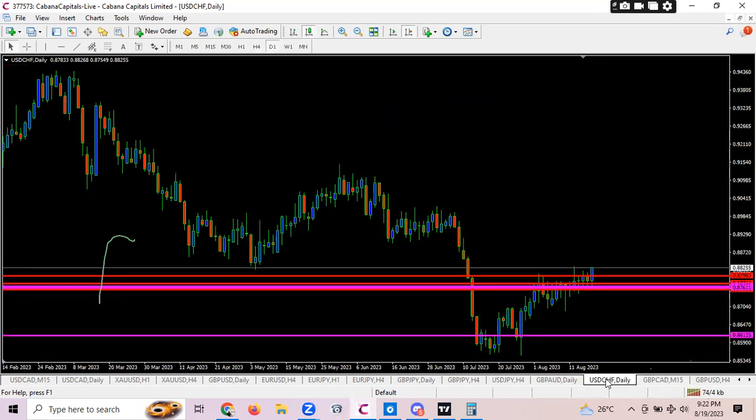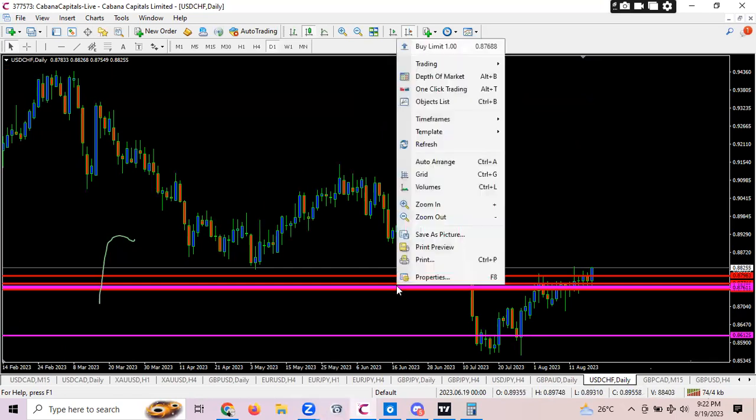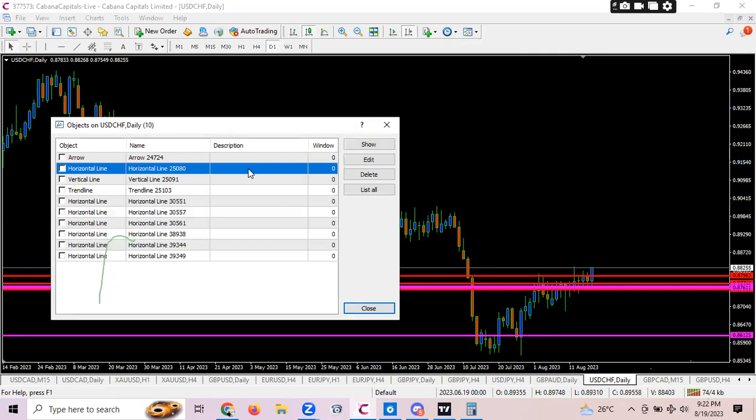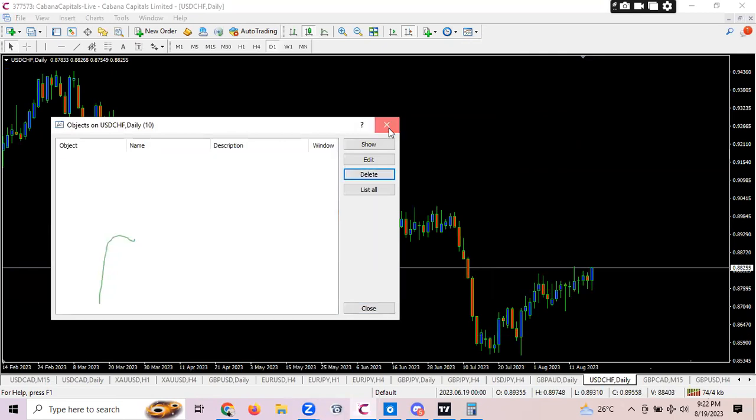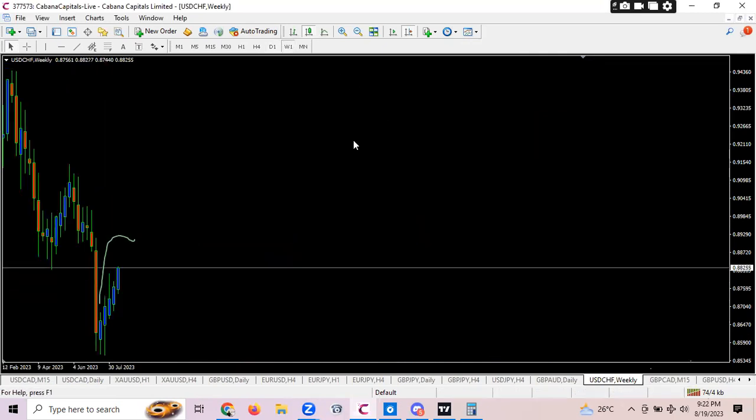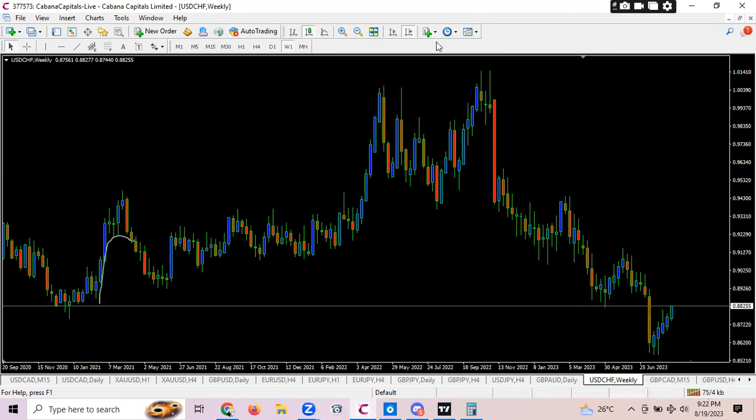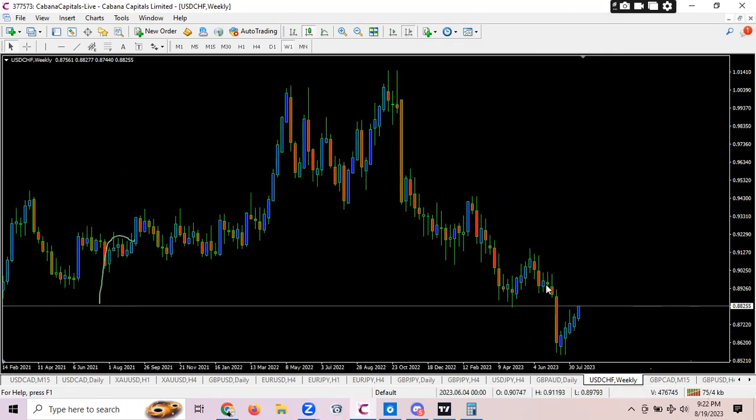Okay, the last pair is USD CHF. Start with the weekly. Strongly bullish. Right, last week's candle closed bullish.